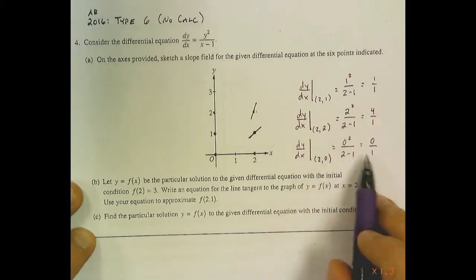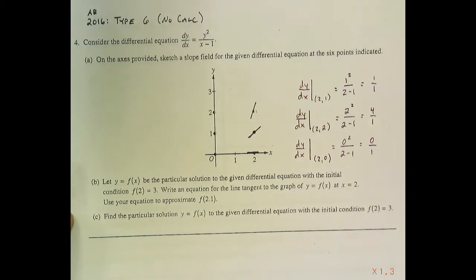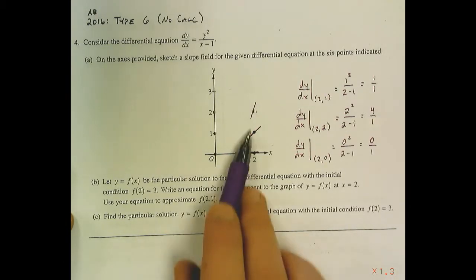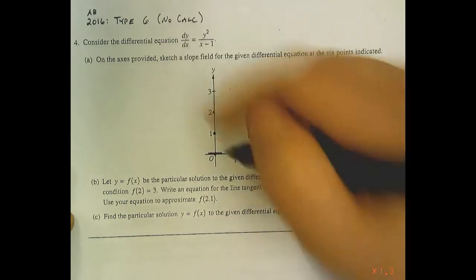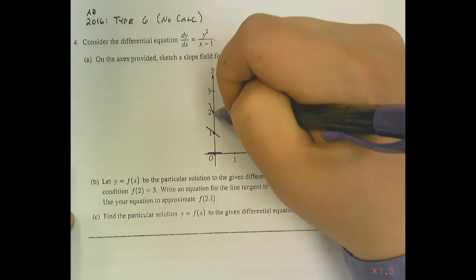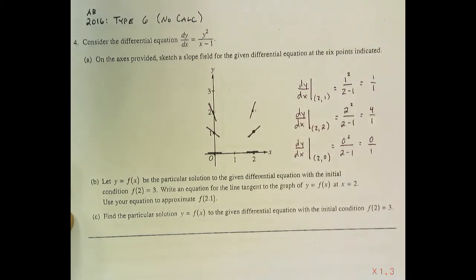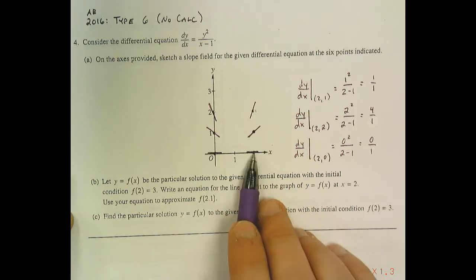Okay, so slope of 0 over 1 is 0, so we draw a 0 slope there. If we continue doing that for all 6 points, this one has a slope of 0, this one has a slope of -1, and this one has a slope of -4. So 4, -4, 1, -1, 0, 0.